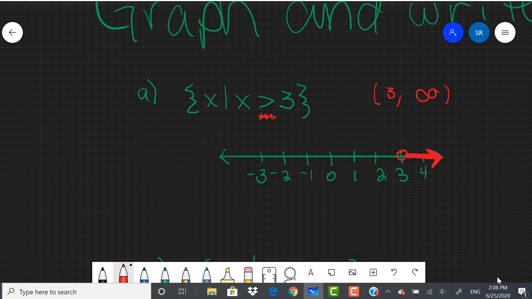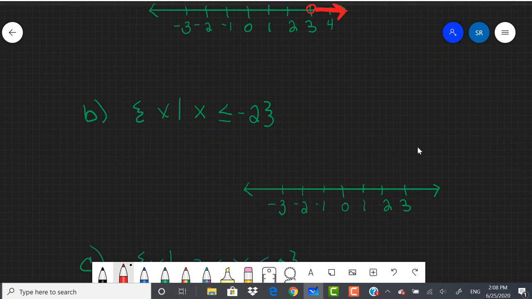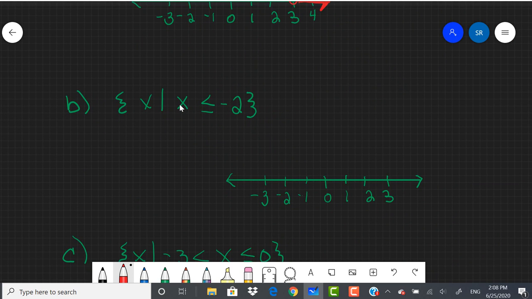And I'm going to show you what would happen if I want to include the 3. What would that look like? So let's look at our second example here. And this is going to be my x is less than or equal to -2. So in this scenario, we do have that equal sign.